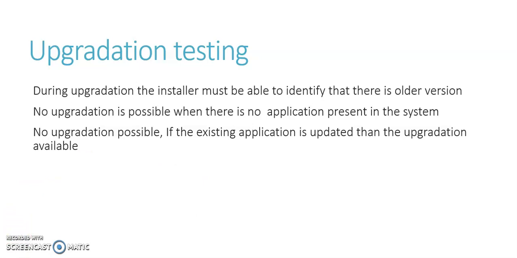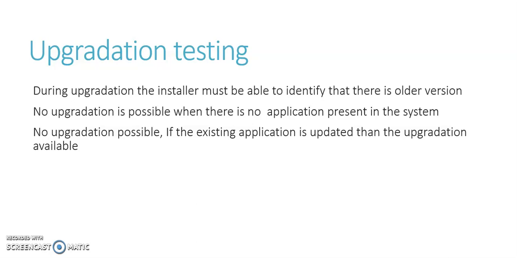The next type of testing under installation testing is upgradation testing. During upgradation, the installer must be able to identify that there is an older version of the same application available on the disk. Then only the upgradation is possible. No upgradation is possible when there is no application existing on the disk.